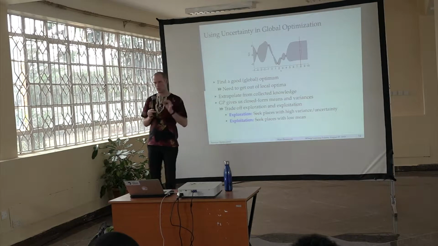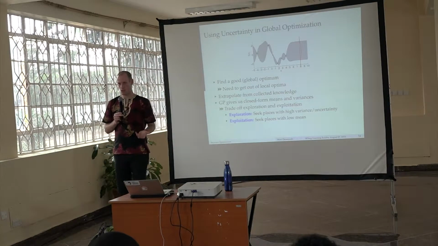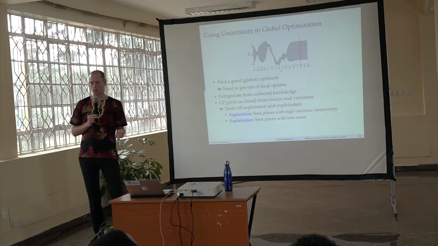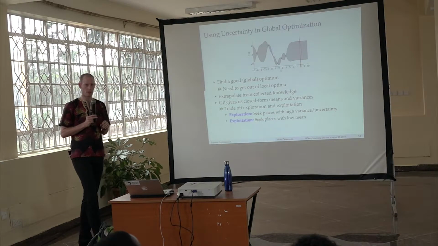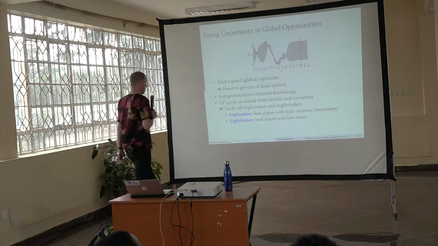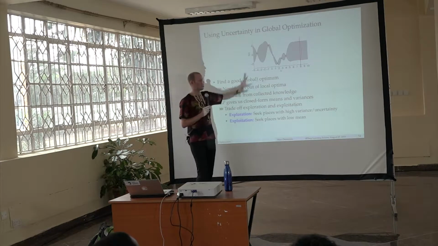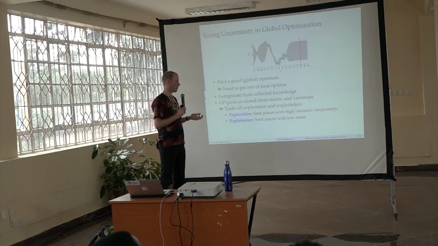What we now need to do is find a trade-off between exploration and exploitation. If you have done reinforcement learning, you have heard of this. Exploration means we want to learn more about the underlying function, independent of whether it's good or bad.